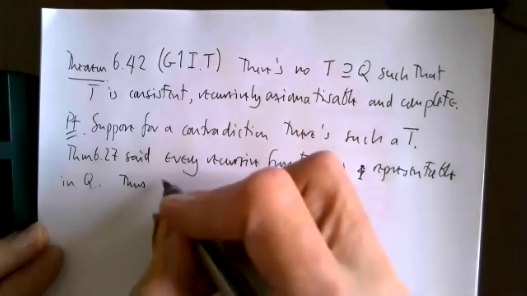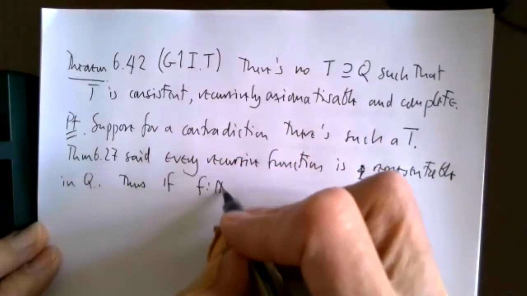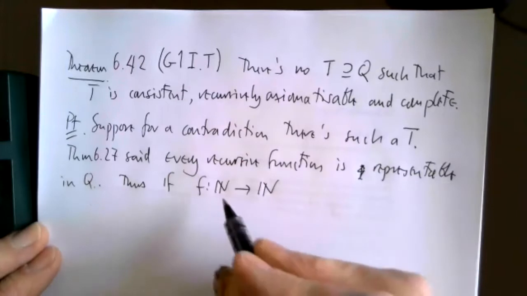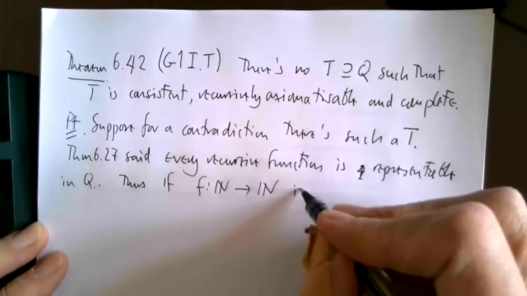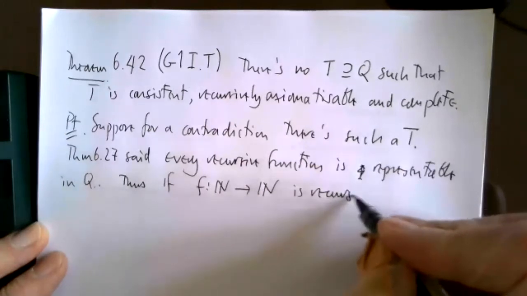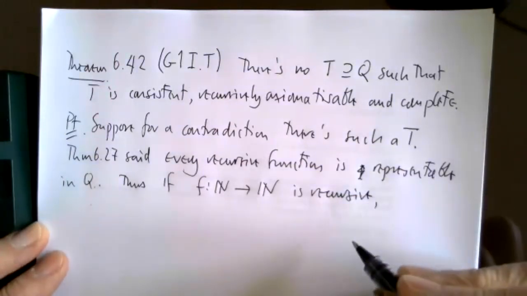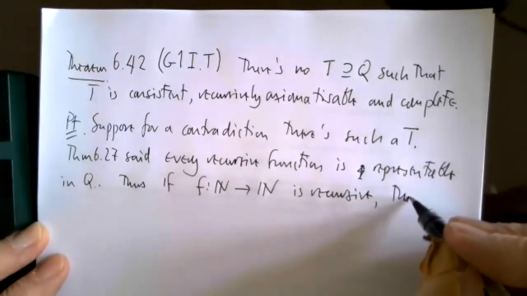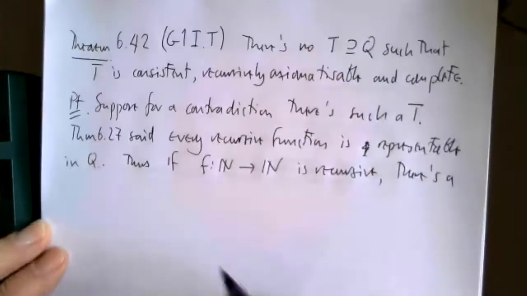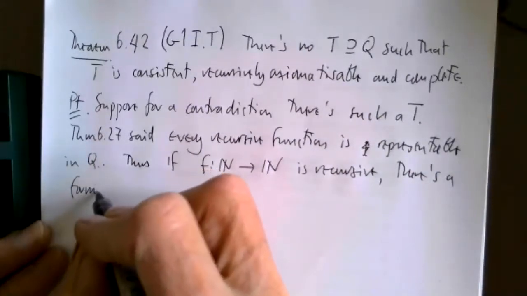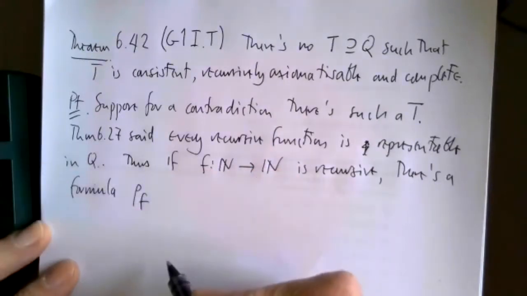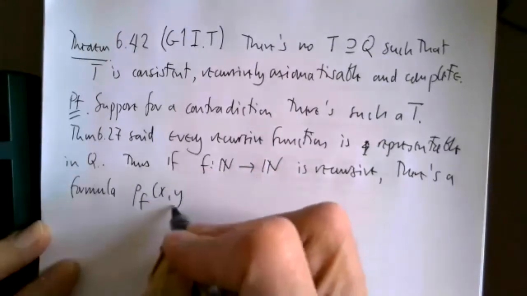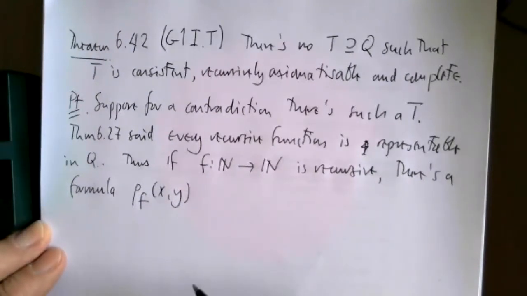So if I've got a function from N or N squared or whatever to N, if it's recursive, there's a formula, let's say rho, which tells me about f.